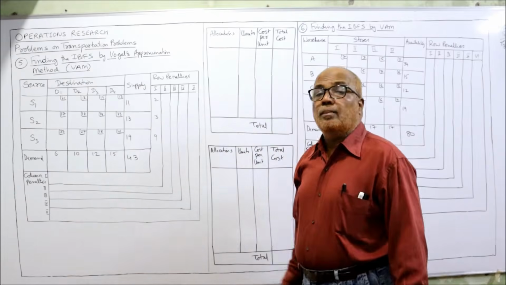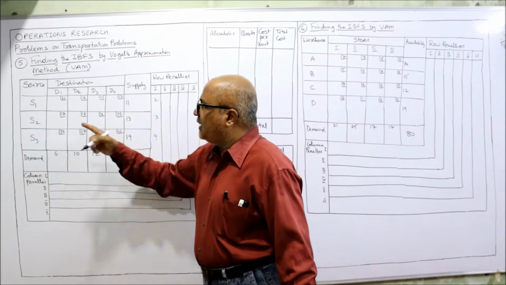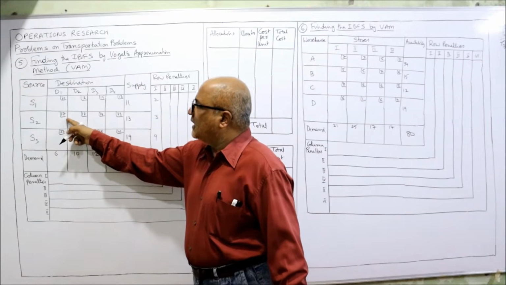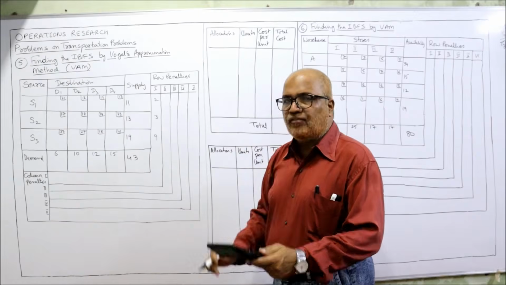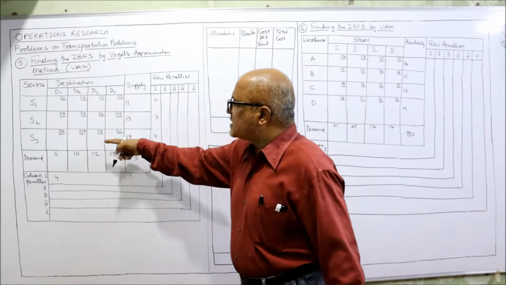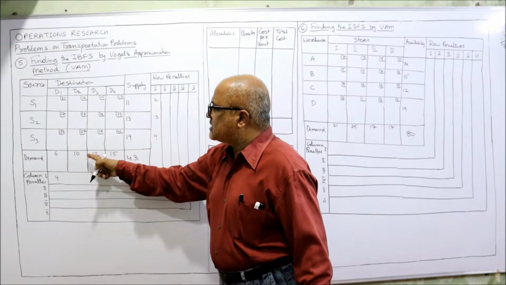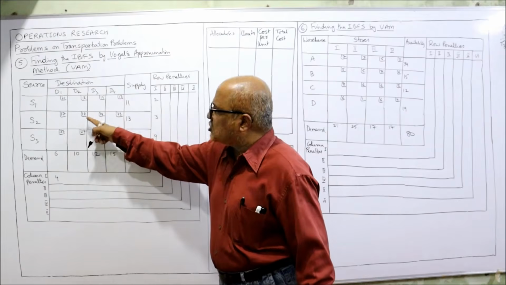Now I am going to take the column penalty. The first column 21, 17, 32. The minimum is 17 and the next minimum is 21. So 21 minus 17 you will get 4. So I am writing 4 penalty. Next column 16, 18, 27, these 3 values. The minimum is 16, next minimum 18.